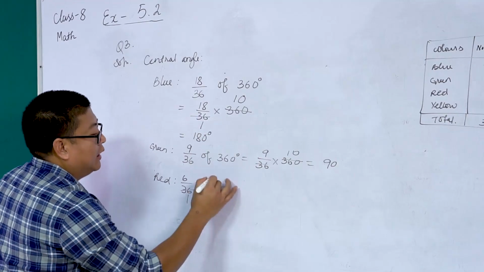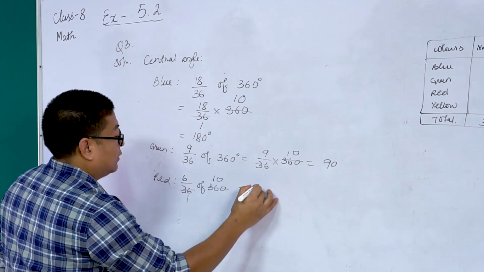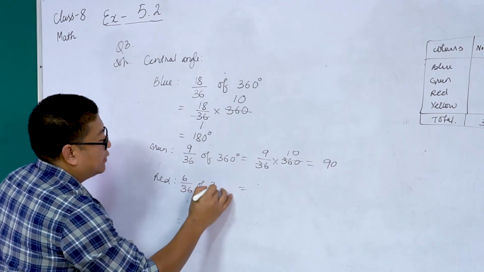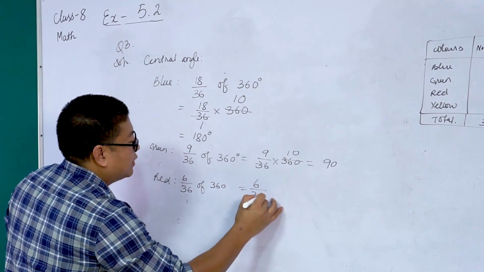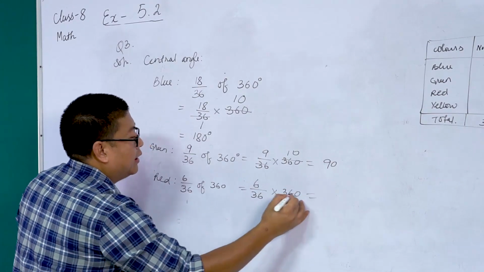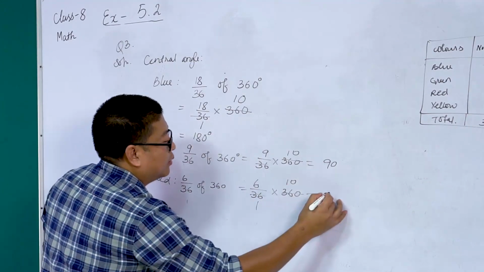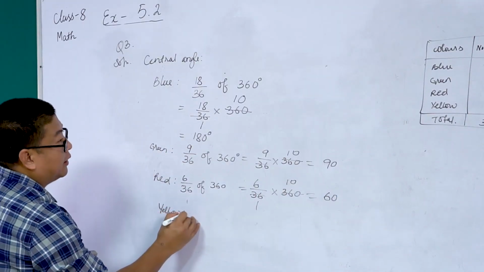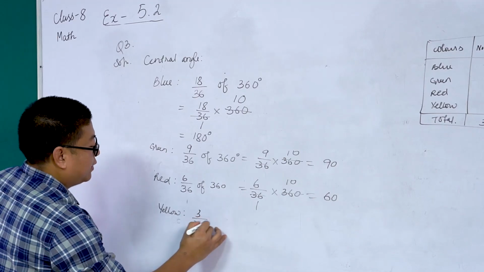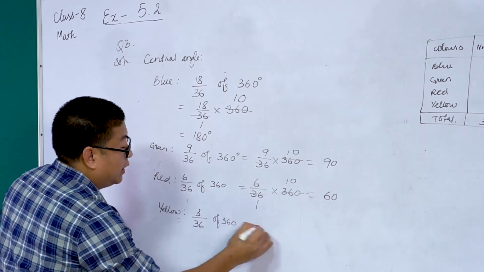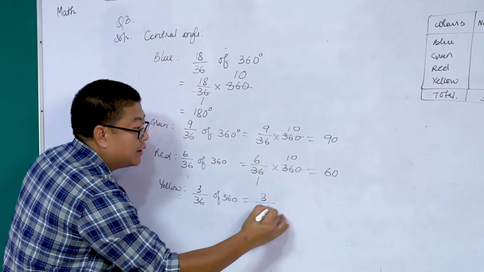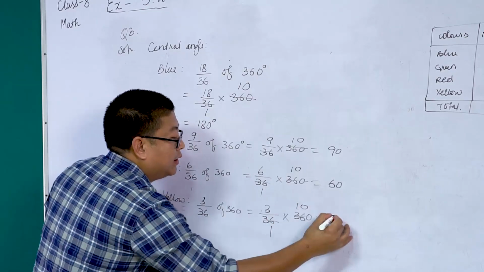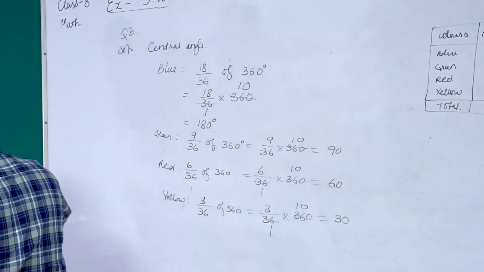So 36 1, 36 10, you get 36, 360. 6 by 36 into 360. This is 10 and 1, so 60. And finally we have yellow, 3 by 36 of 360, which is 3 by 36 into 360. When you cancel out, you get 10. 3 into 10 is 30.